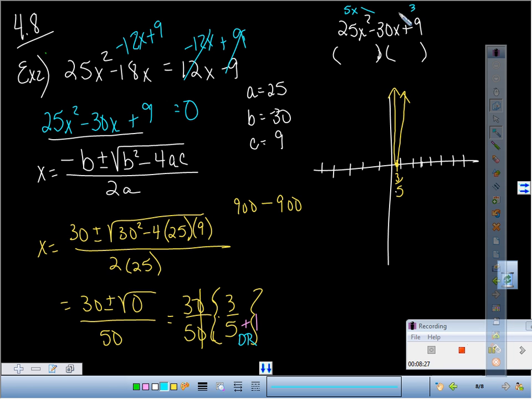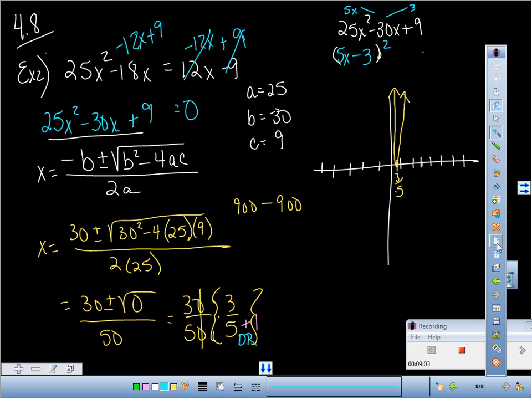Is that middle term twice their product? Oh, so that means it's a perfect square trinomial, and it factors into the square root of the first, 5x. Keep the sign, always keep that first sign. Some of y'all didn't do that on your test. Minus, and the square root of the last, and then it's quantity squared. Now, if I set this equal to 0, what would I solve and find x to be? Yeah, 3/5. Okay? That's what we got down here. All right, anybody got a question?